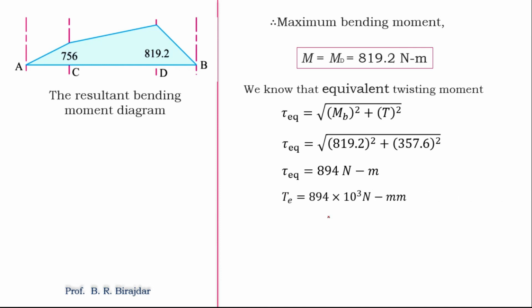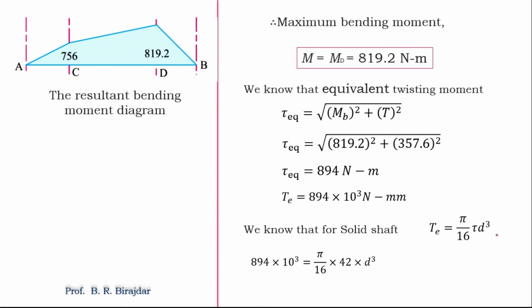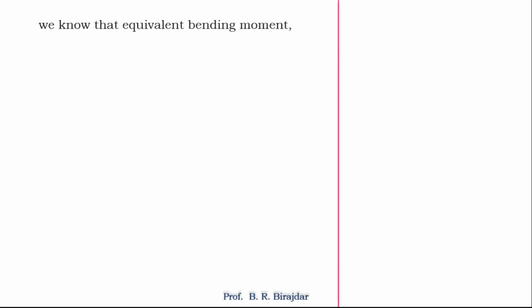Converting Newton meter to Newton mm, we multiply by 10⁻³. For a solid shaft, the torque transmitted T is equal to 5/16 tau d cube. I put the equivalent torque 894 into 10⁻³, 5/16, and the shear stress allowed for this material is given as 42, with the diameter unknown. By taking the cube root, the diameter D you get is 47.6. So this is the diameter of the shaft.